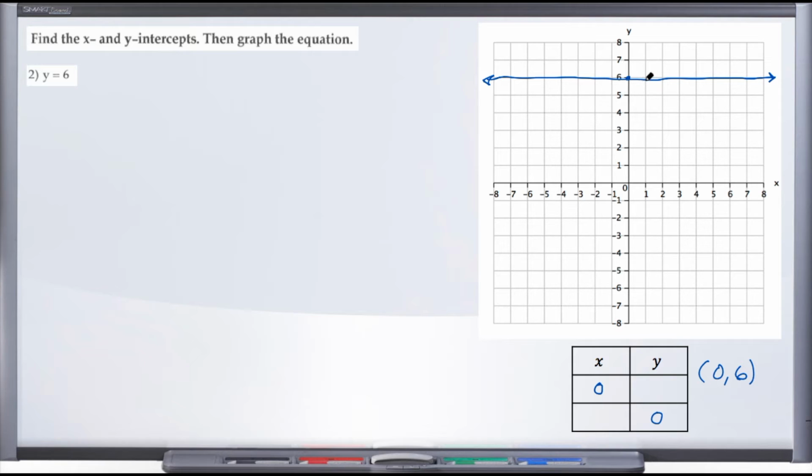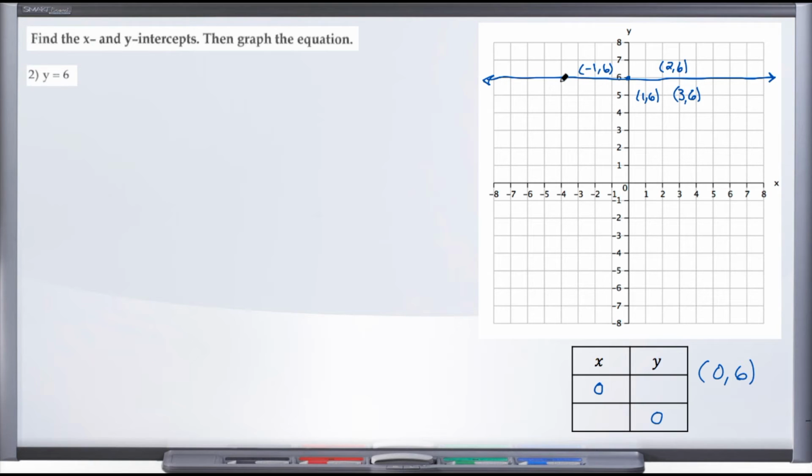But if we move 1 unit over, where are we at? Now we're at (1, 6). If we move 1 unit over again, now we're at (2, 6). Then we can go over to (3, 6), and so on and so forth. Similarly, we can move the opposite direction. We can go 1 unit to the left, and now we're at (-1, 6).